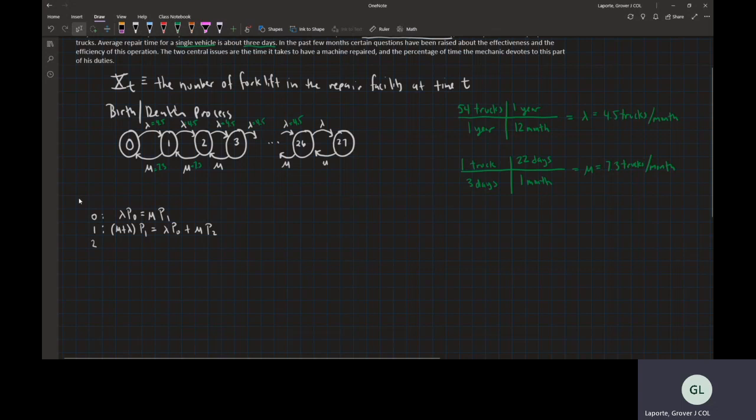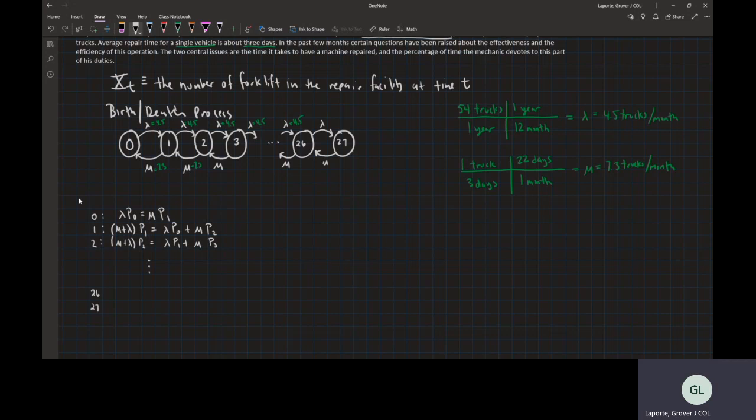And then we could find state 2, and it's going to be, believe it or not, mu plus lambda times P2. So there's a pattern, and I believe we discovered this last class. And then I have a lambda coming from P1 and a mu coming from P3. And dot, dot, dot. Let's just say all of these look a lot alike until we get to number 27.